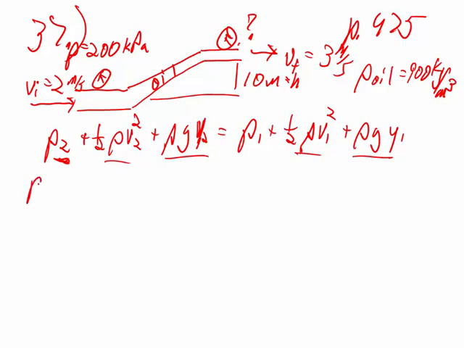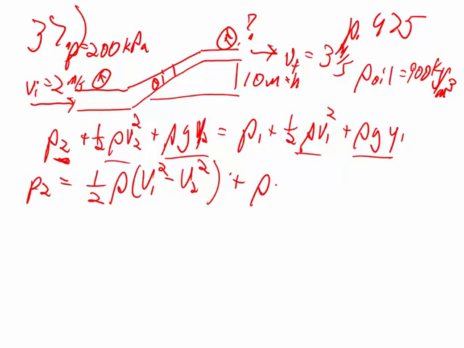So P2 is equal to 1/2 rho, the density of the oil, times V1 squared minus V2 squared, plus rho times g times Y1 minus Y2.